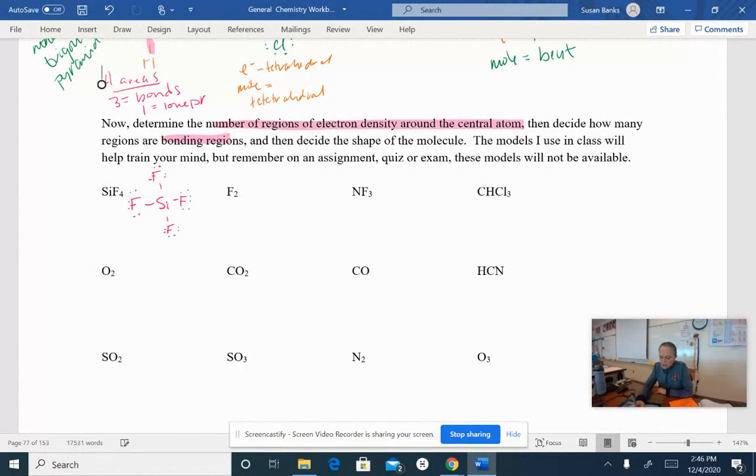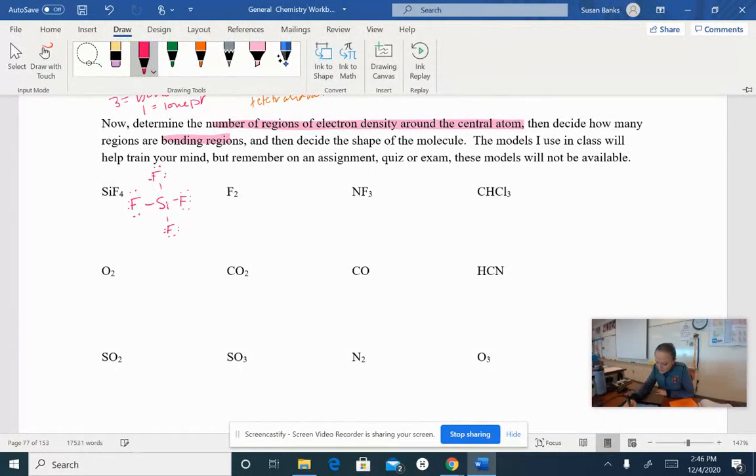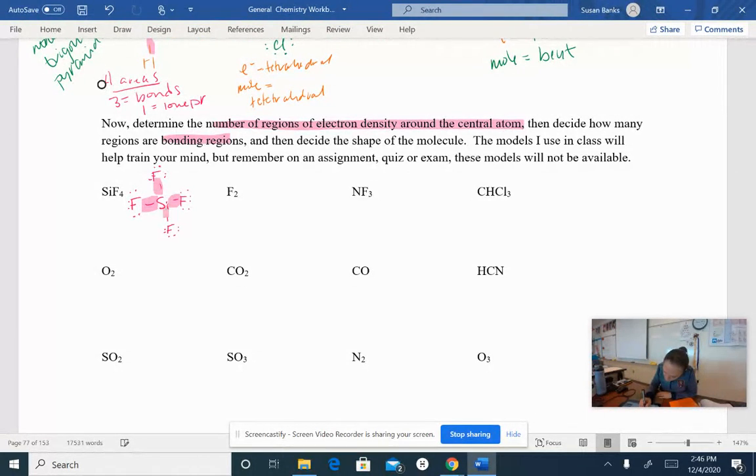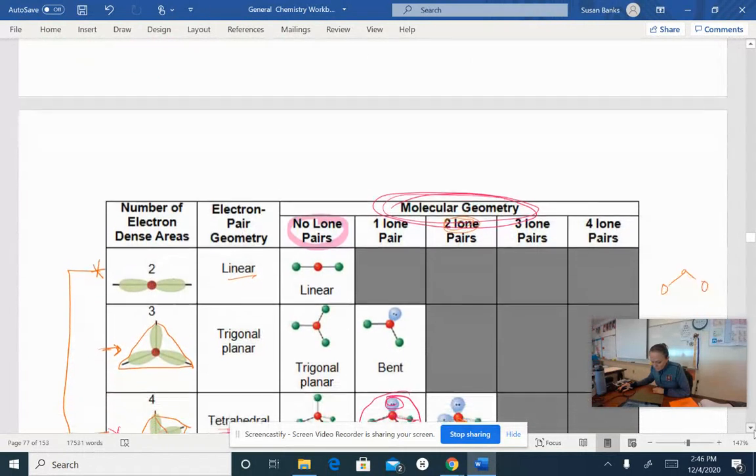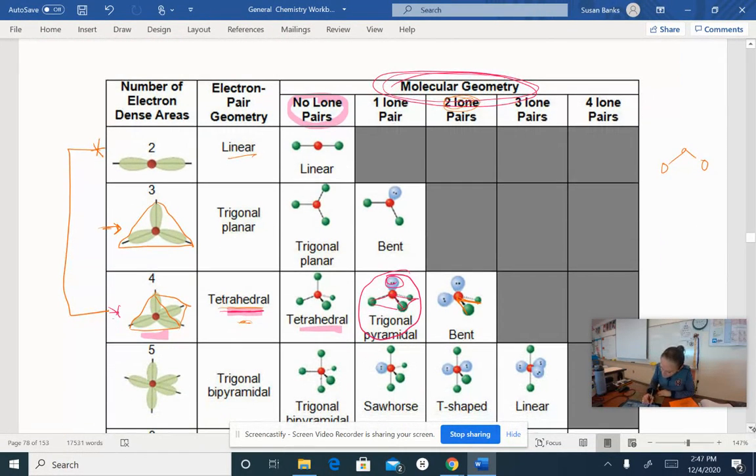Okay, now let's look at that center atom of silicon. I got 4 areas and they're all bonding. So if I have 4 areas and they're all bonding, I have a tetrahedral shape for my electron geometry and also a tetrahedral shape for my molecular geometry because I have no lone pairs.